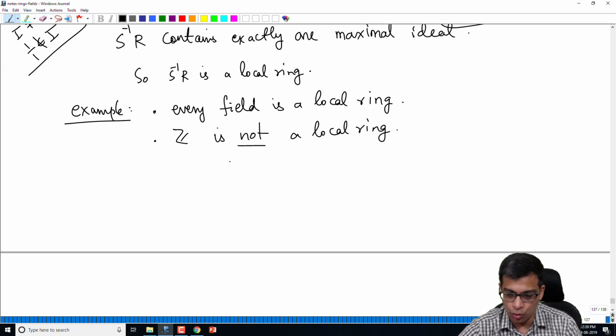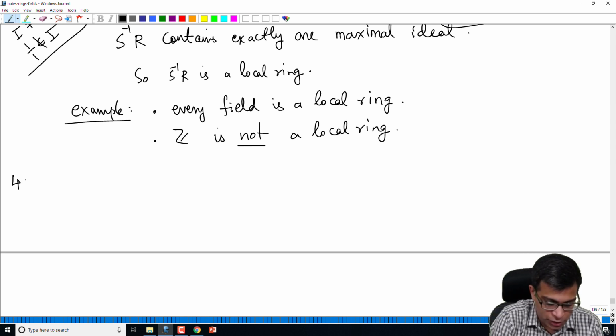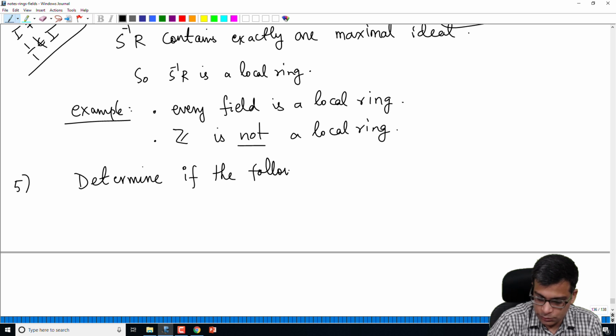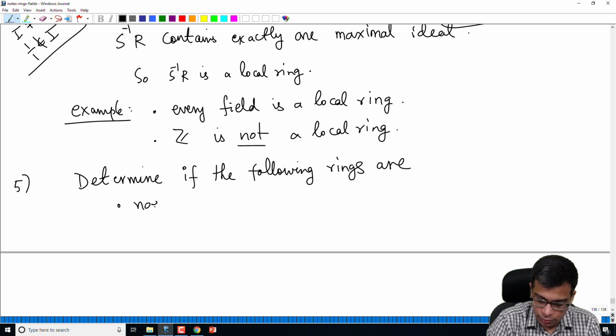So I am going to now do one final exercise to list some of the examples of rings that we have studied. So the final example that I want to do, maybe this is the fifth problem, final problem. Determine if the following rings are Noetherian.